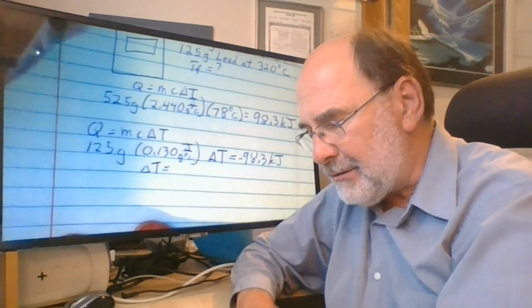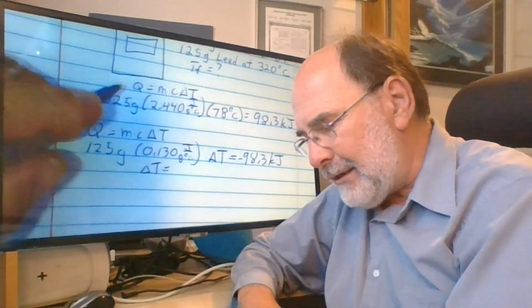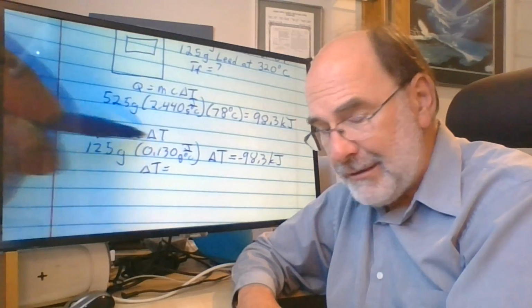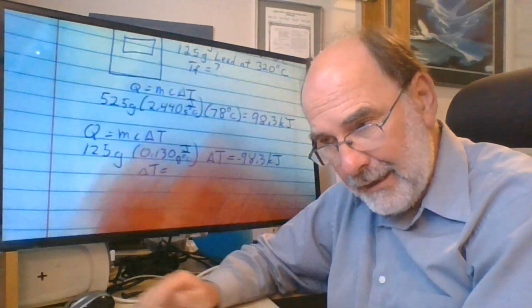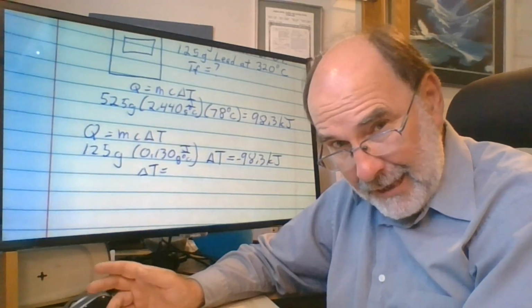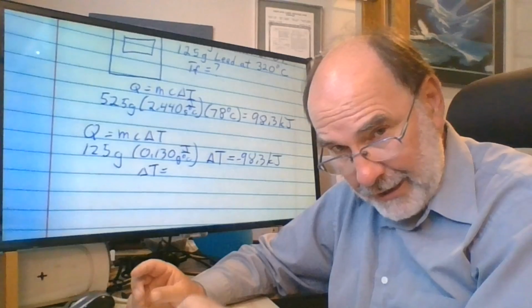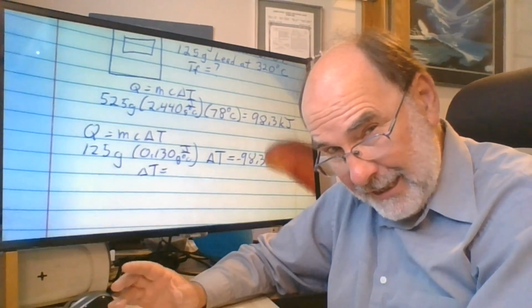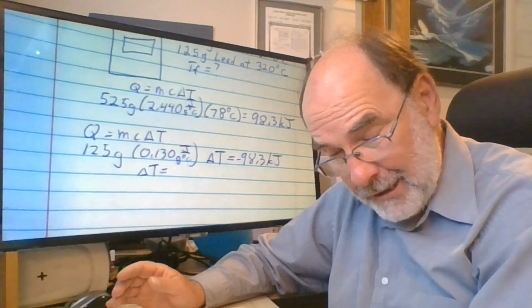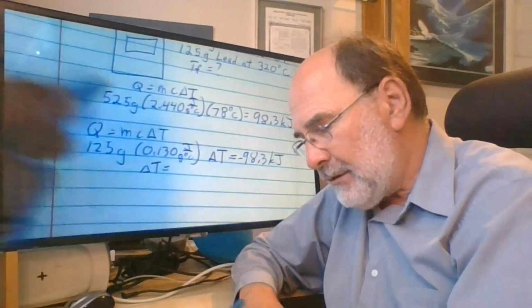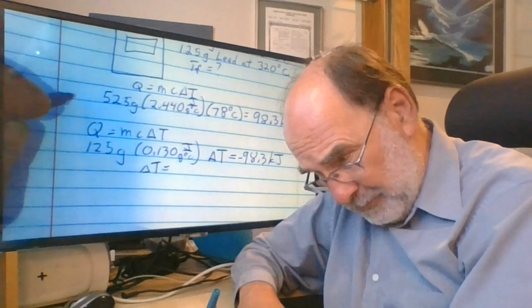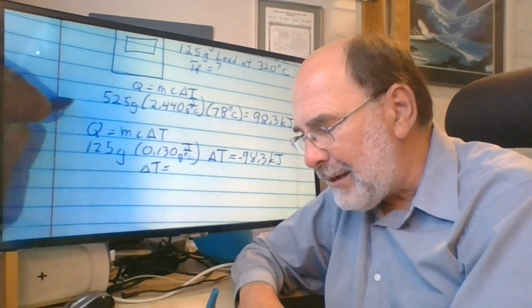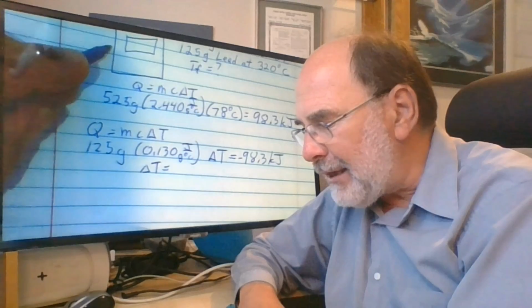So I can do that here. This time around, I'm going to say Q equals mc delta T, and the heat lost by the hot stuff cooling down, which is lead, is set equal to the heat gained by the cold stuff warming up, which is ethanol.